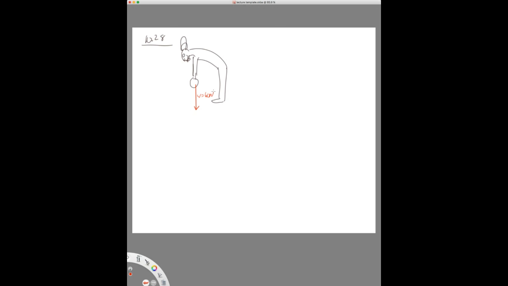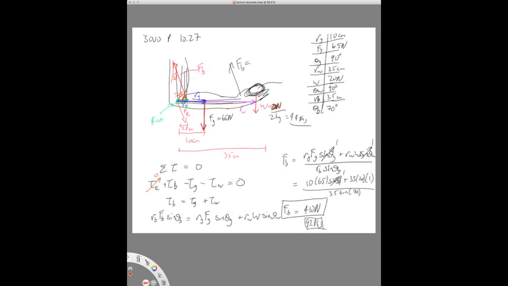We want to find the tension in her back muscle and the compression force on her spine when her back is horizontal. Oh, sorry, I just remembered, I wanted to go back and talk about why it doesn't matter exactly how I drew the picture here. So before we get into this problem, let me just give you a real quick little aside.